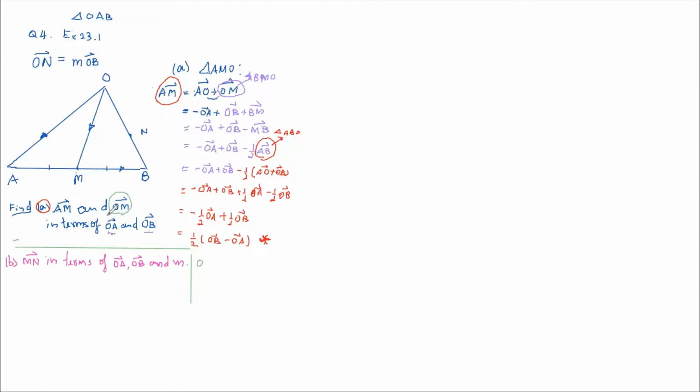So which triangle we're gonna use? Can be either one because M is a midpoint. So maybe I will use BMO. Why? Because I know this side, right? I know OA, AB. At least I know OA here. Okay, I know OA, I know OB.